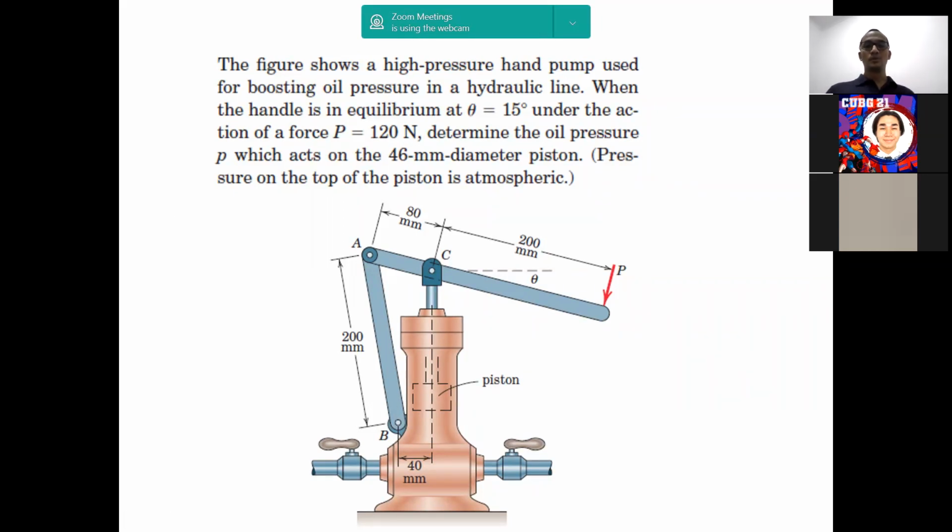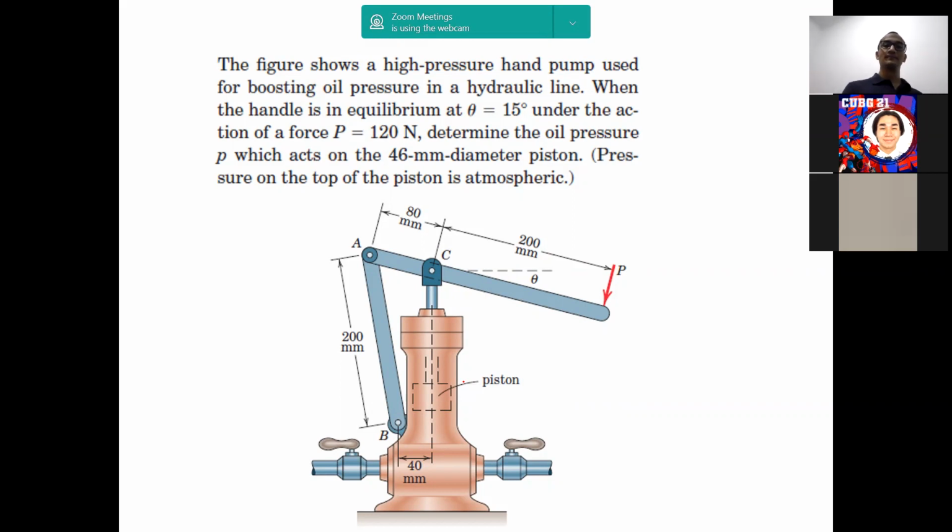Okay, Raffi, do you understand the problem then? Do we need to find the force exerted by C, the beam C? So this one, right? Yeah. So the force divided by the cross-sectional area of the piston will become the pressure, of course.